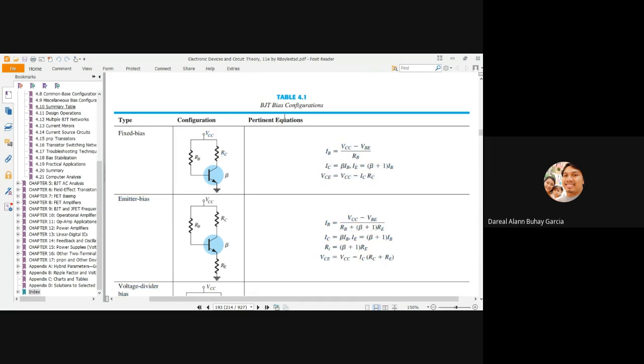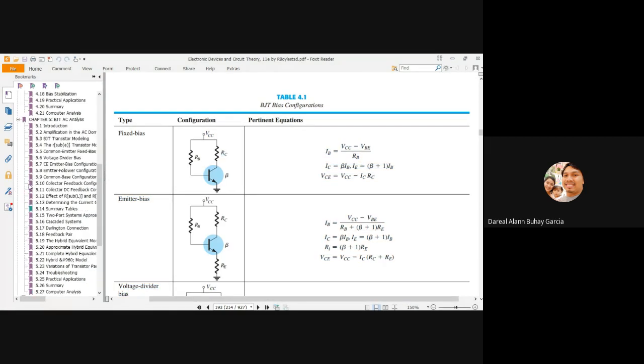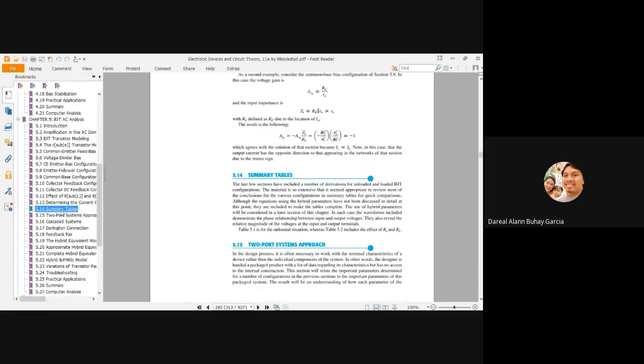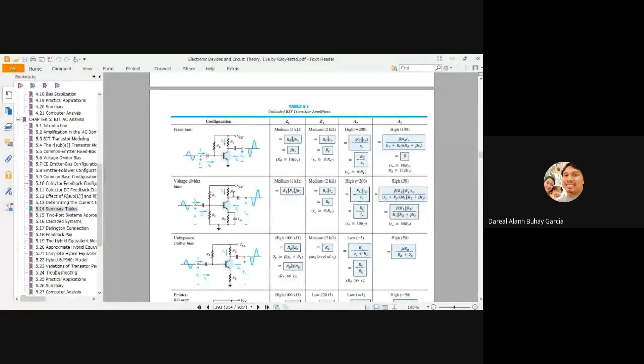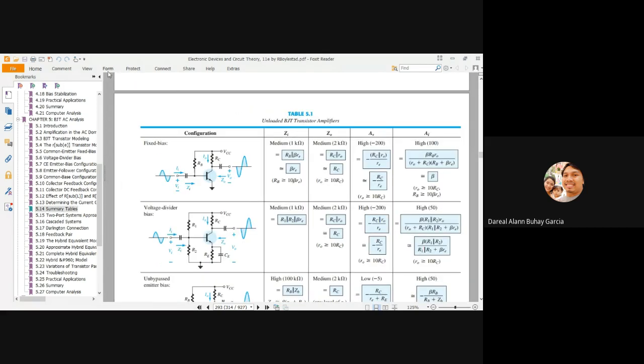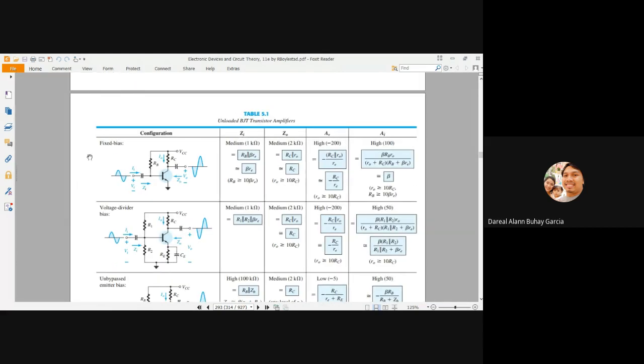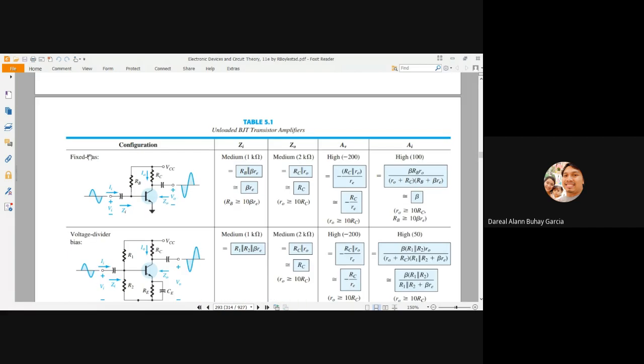Mao lang ang parameters nga kinahanglan i-carry over sa atong AC analysis. Okay? Any questions? None so far, sir. So, I might post something sa e-learn para mag-practice mo sa fixed bias na AC amplifier.